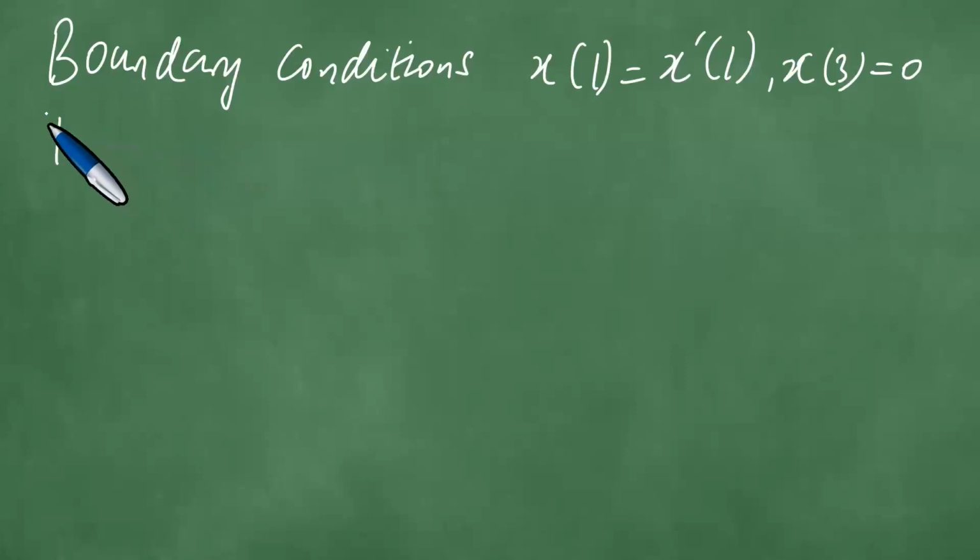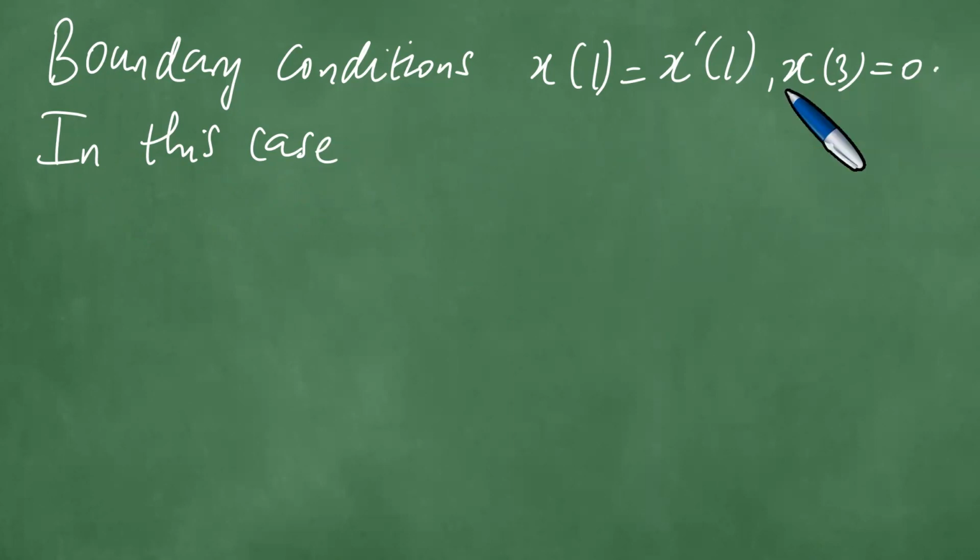In this case, x0 is equal to x0 primed, and because this is our 0, t0 is 1.